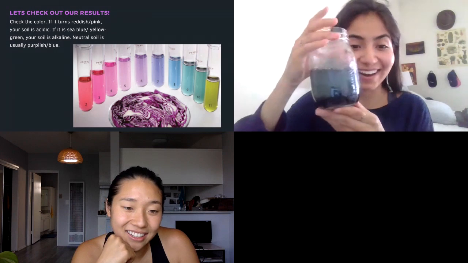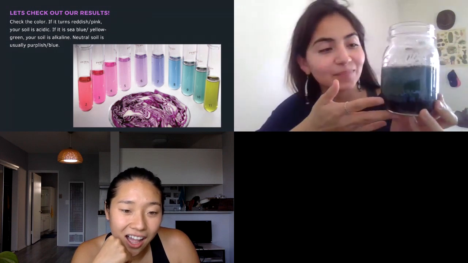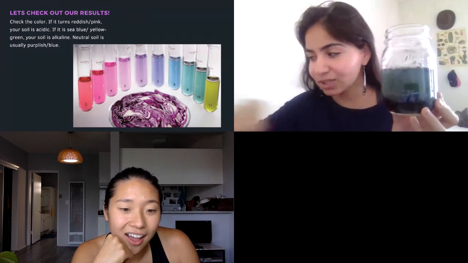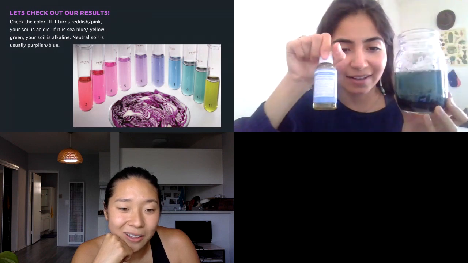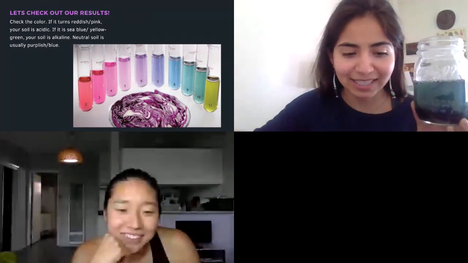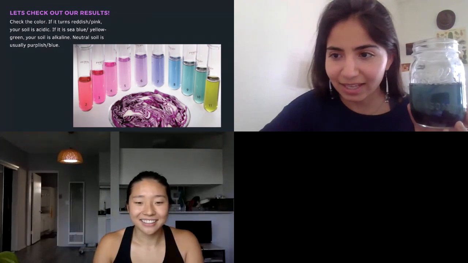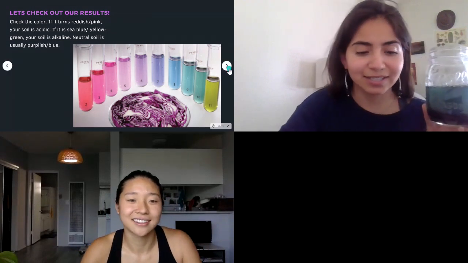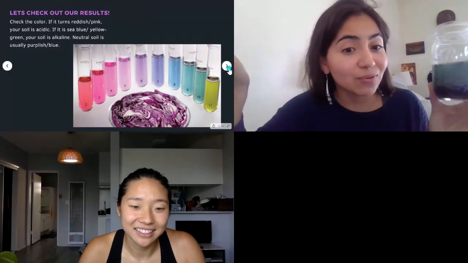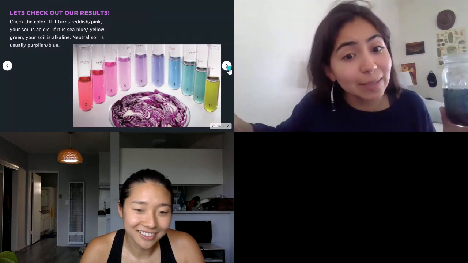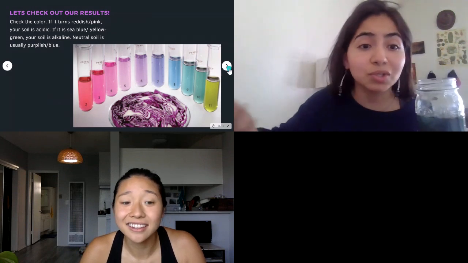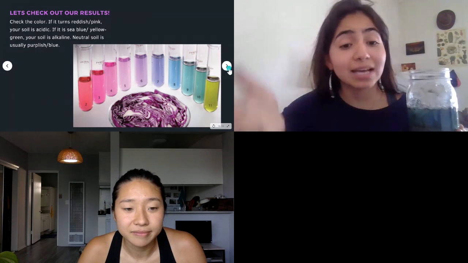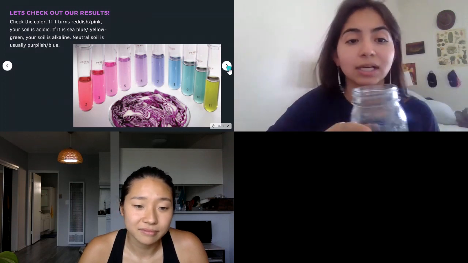And here is my cabbage juice, in which I added Dr. Bronner's hand soap. And that leads us to, we have so much cabbage juice left over, so this is our time to experiment. You can even use cabbage juice to test the tap water hardness.